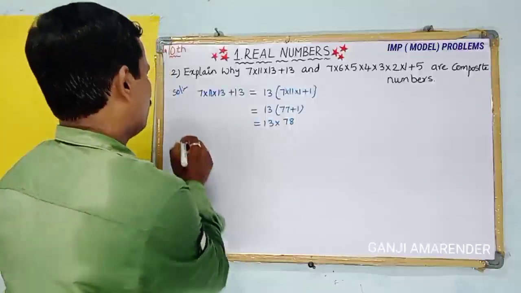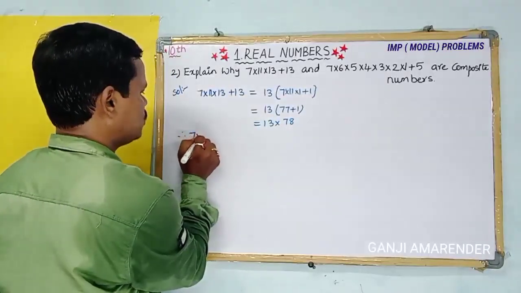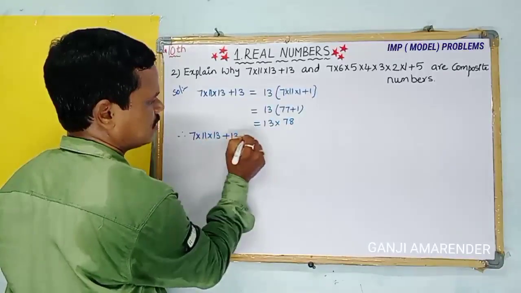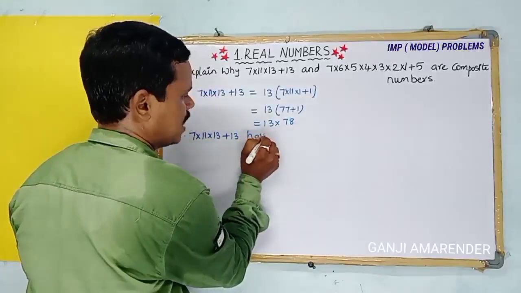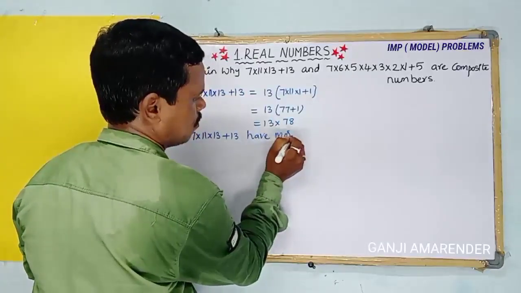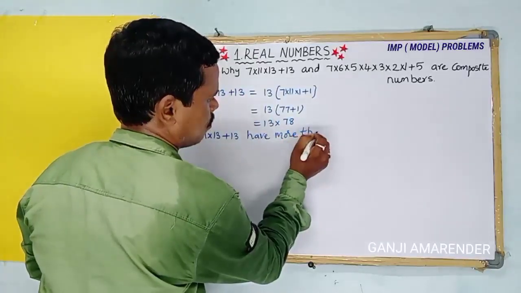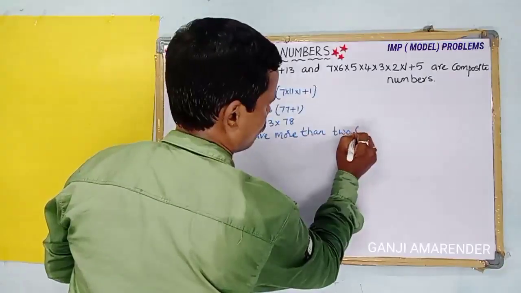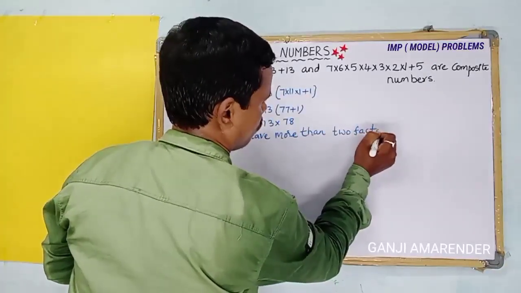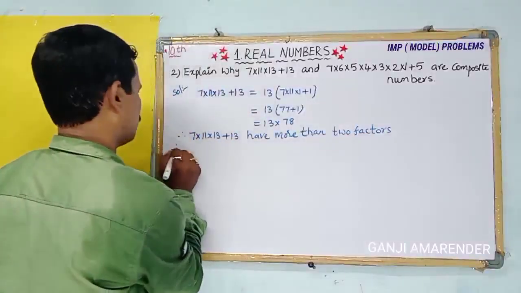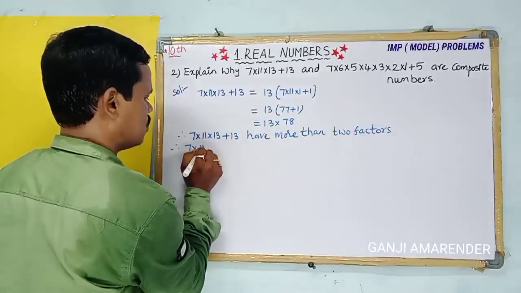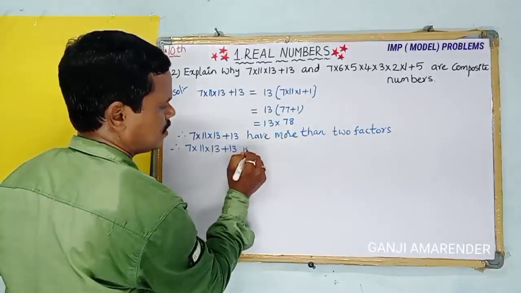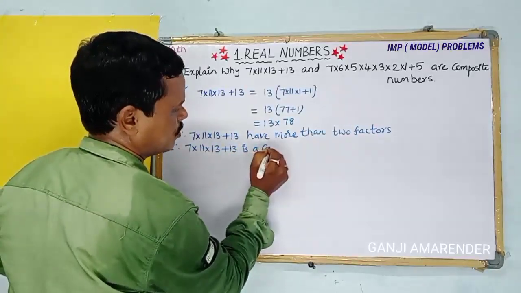Therefore 7 into 11 into 13 plus 13 has more than 2 factors. Therefore 7 into 11 into 13 plus 13 is a composite number.